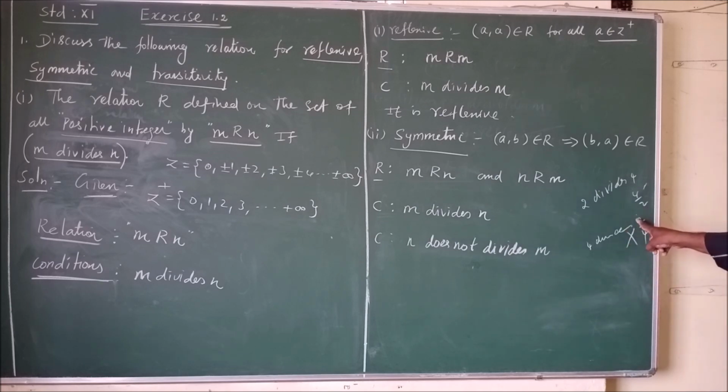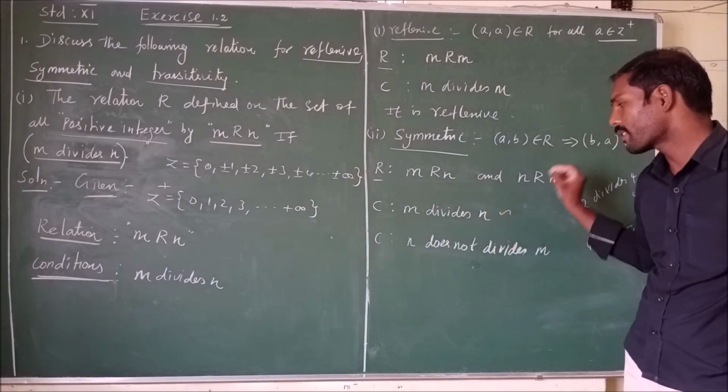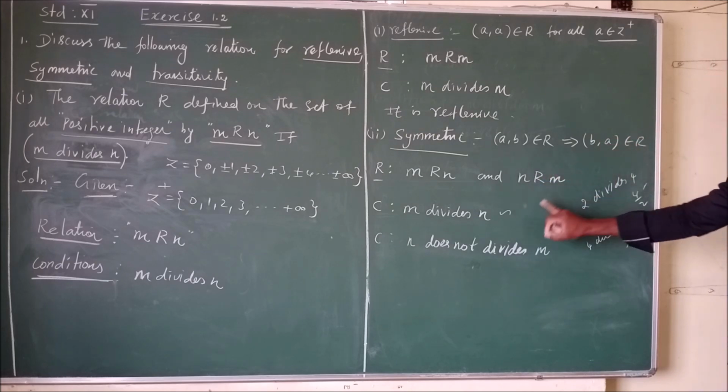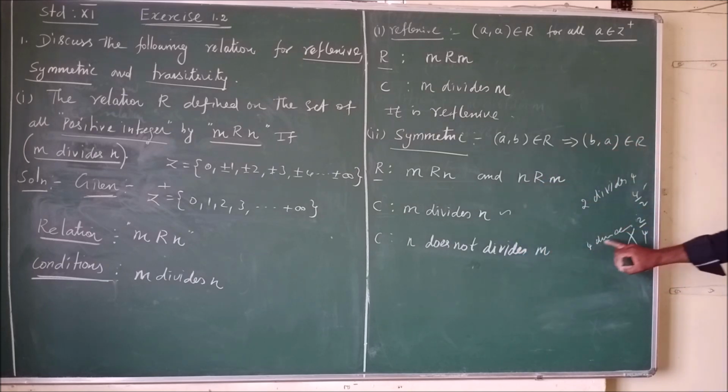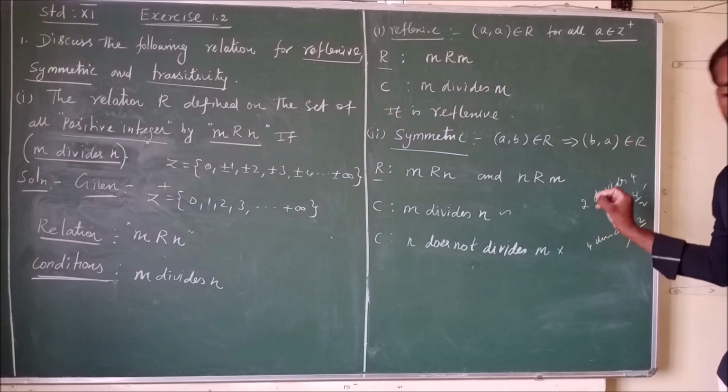It is clear that 2 divides 4 is satisfied, so m divides n is satisfied. But n does not divide m, since 4 does not divide 2. So this condition is not satisfied.